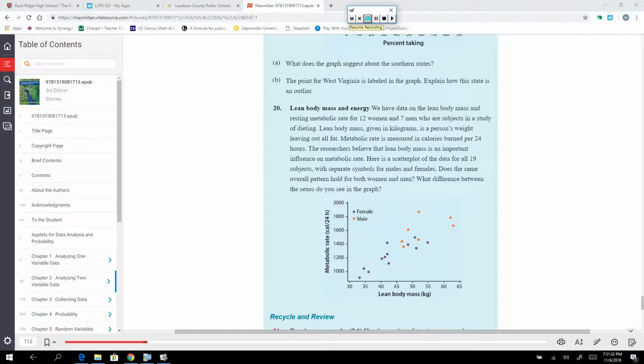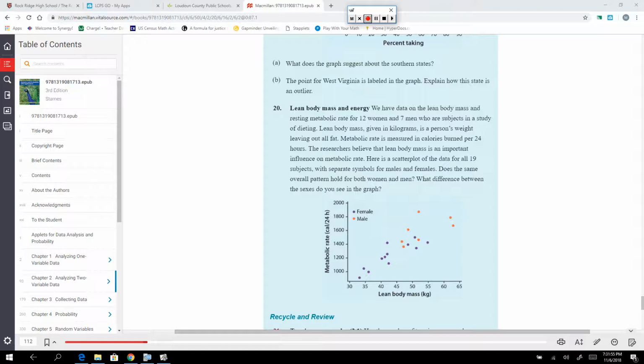Okay, let's flip to question 20. Question 20 talks about lean body mass versus metabolic rate and talks about the difference between women and men. The men are in the orange dots and the females are in the purple dots. So our first question is, does the same overall pattern hold for both women and men?